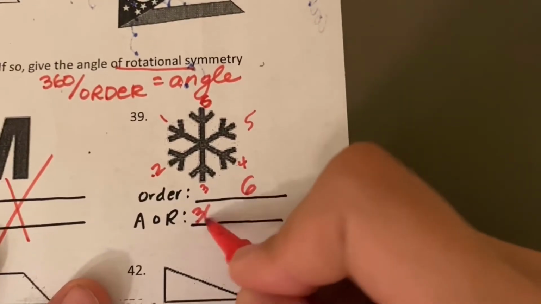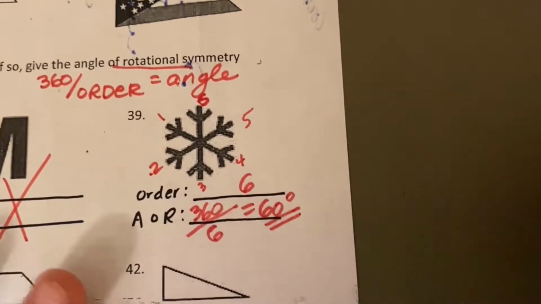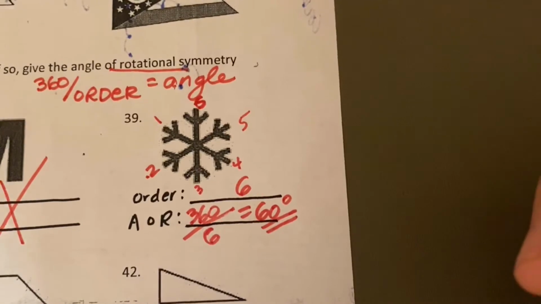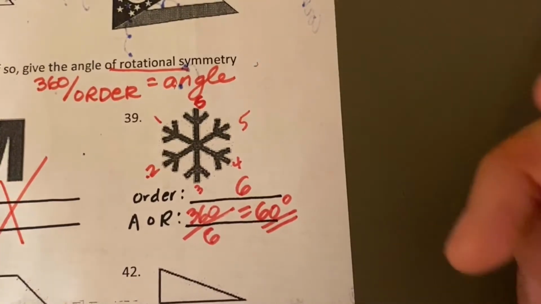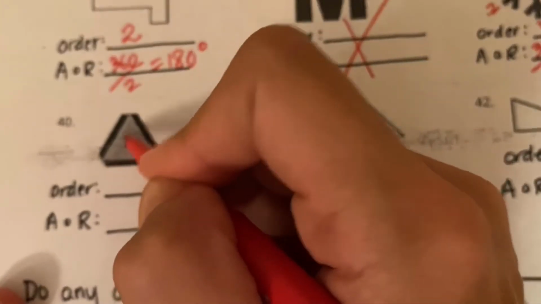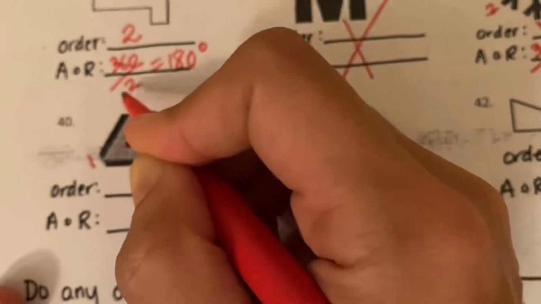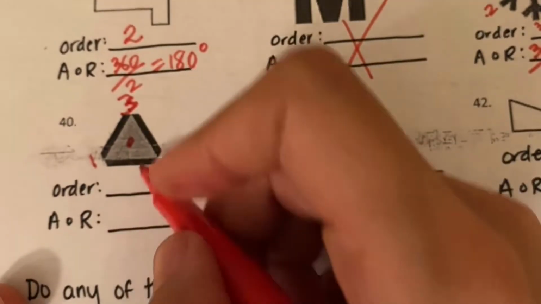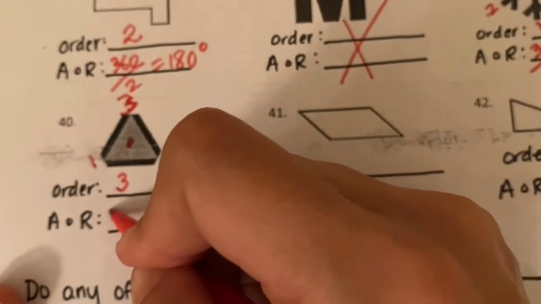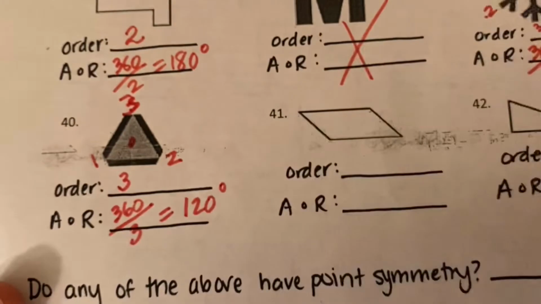So that's an order of 6, or 60 degrees as the angle of rotation. Now, ooh, our triangle. I think this one, if we spun it, if this was the top, here it would line up, here it would line up, and then again when I got back to the top. So that's an order of 3, and 360 divided by 3 is 120.